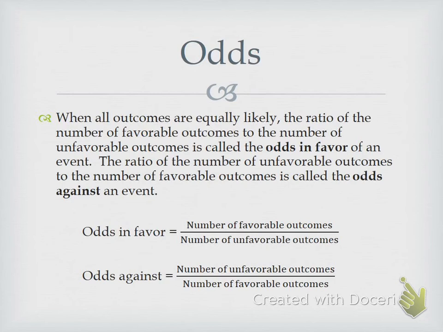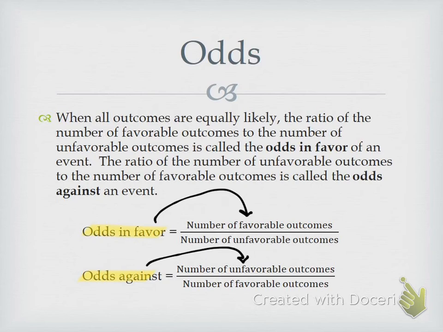Think about it this way. If you're looking for odds in favor, favorable goes on top, unfavorable on the bottom. If you're looking for odds against, unfavorable goes on top and favorable goes on the bottom. Does that make a little more sense? So odds against, unfavorable is on top, favorable on the bottom.